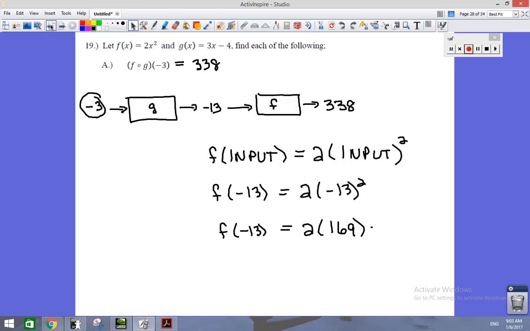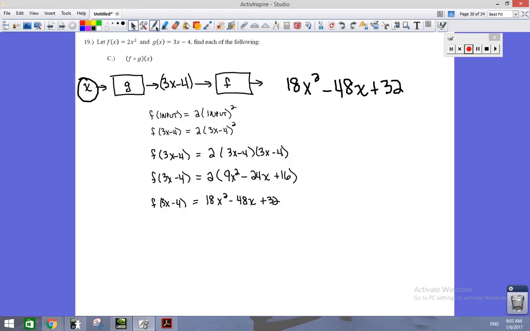I can't remember. -3. Okay. So if we evaluate this function, f of g of x, at -3, what are we going to get? Well, everywhere we have an x, we'll replace it with -3. So we've got 18 times -3 squared minus 48 times -3 plus 32.